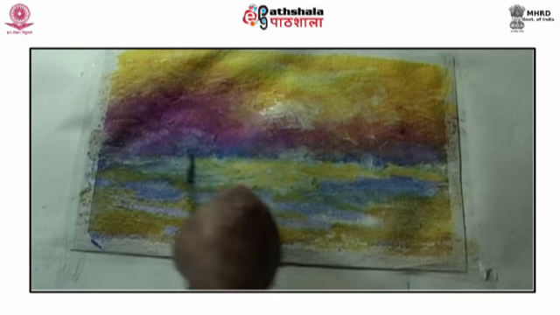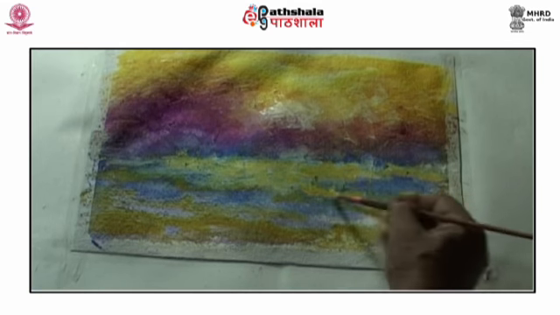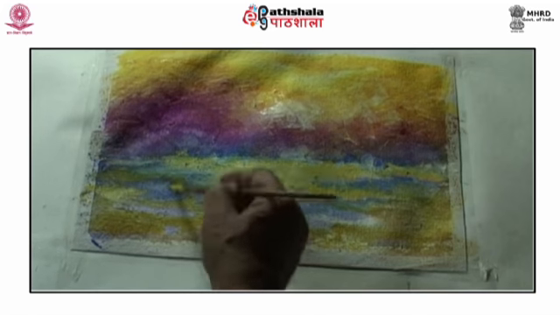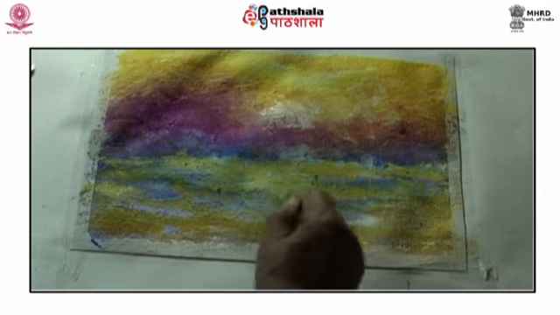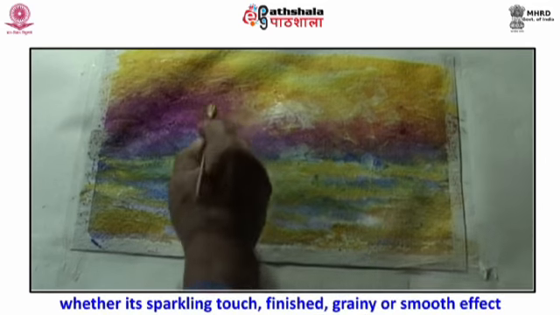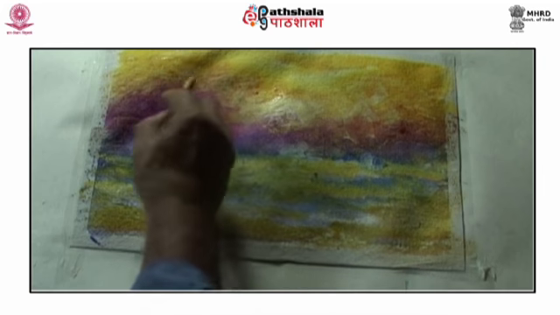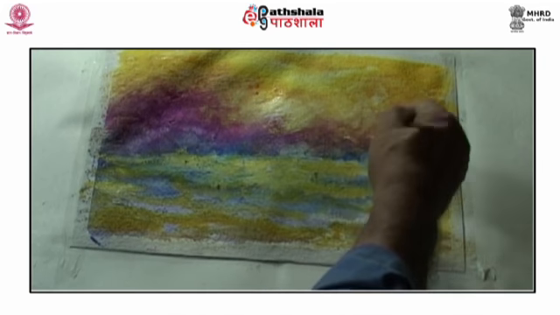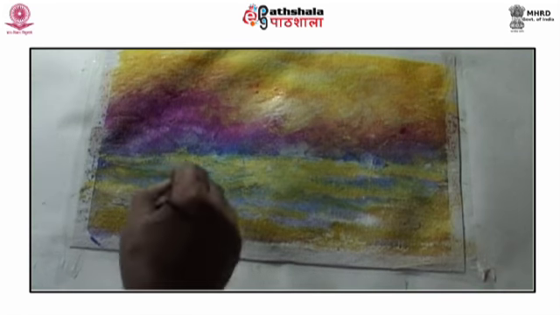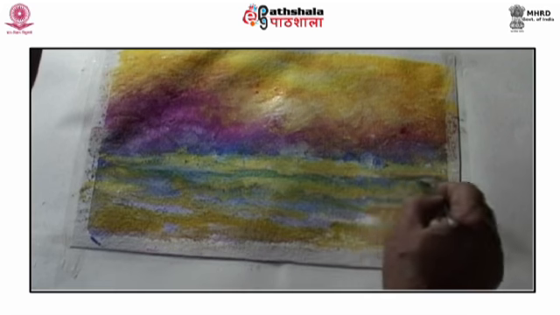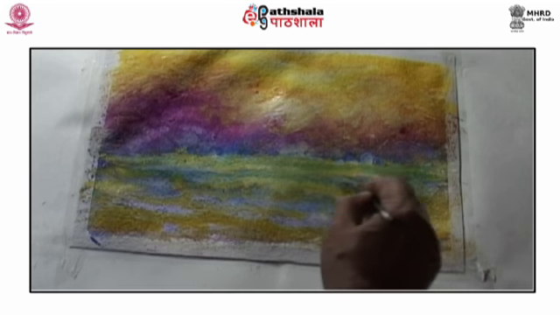The experimental characteristic can easily hook an artist to form his own transitions with the pigment. Whether it's a sparkling touch, finished, grainy, or smooth effect, accidental smudge or flow of colors, or mingling of transparent areas with the opaque passages.